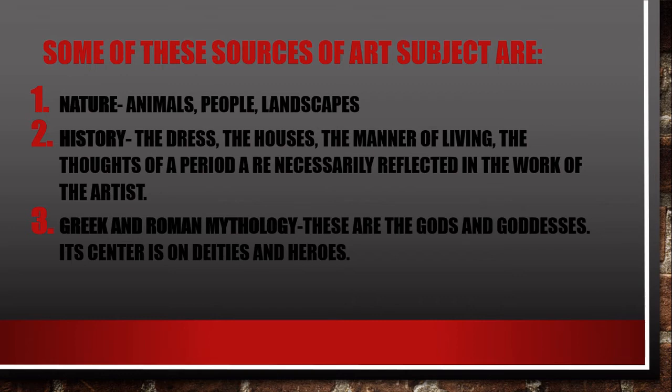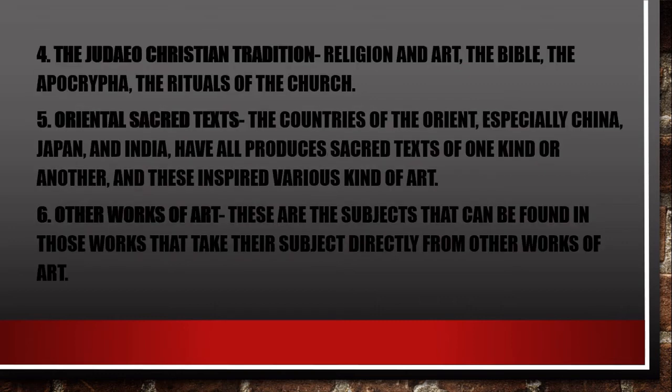The dress, the houses, the manner of living, the thoughts of a period are necessarily reflected in the work of the artist. Number three, Greek and Roman mythology. These are the gods and goddesses, and its center is on deities and heroes. Next is the Judeo-Christian tradition, religion and art: the Bible, the Apocrypha, the rituals of the church.